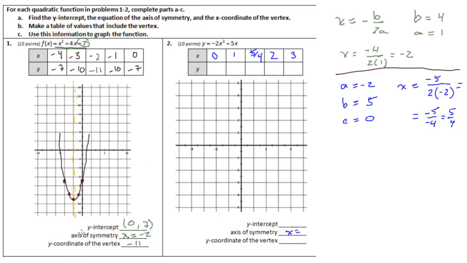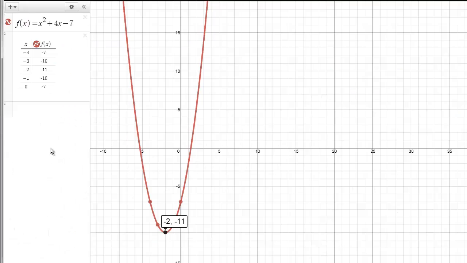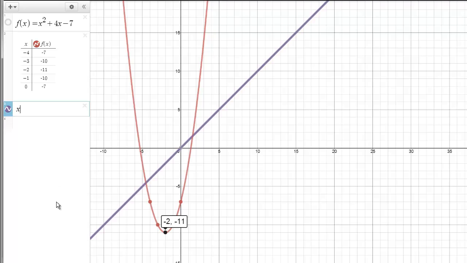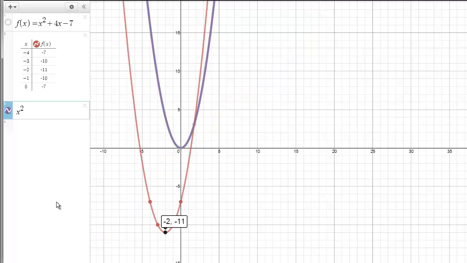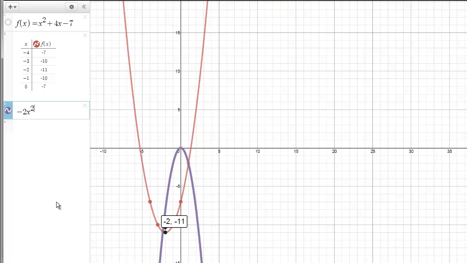And then I'm going to turn this one off and type in our new equation. Sorry, that was -2x squared plus 5x.